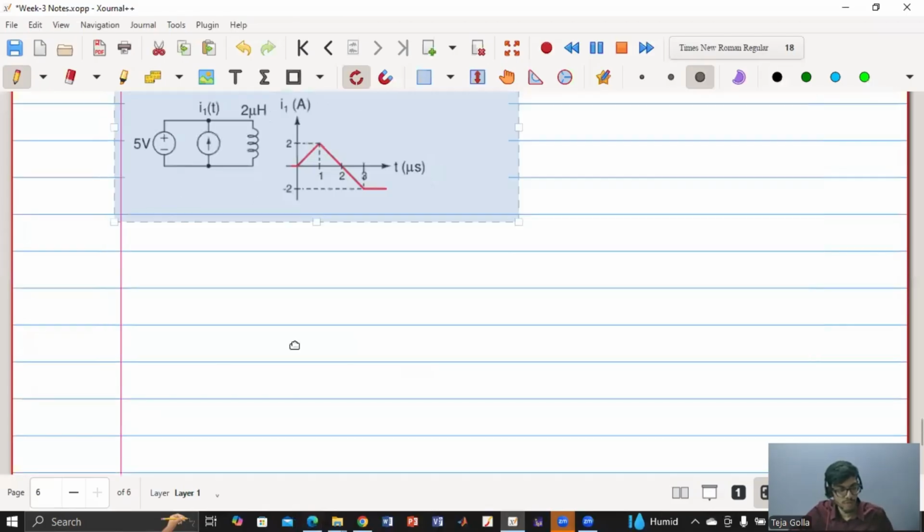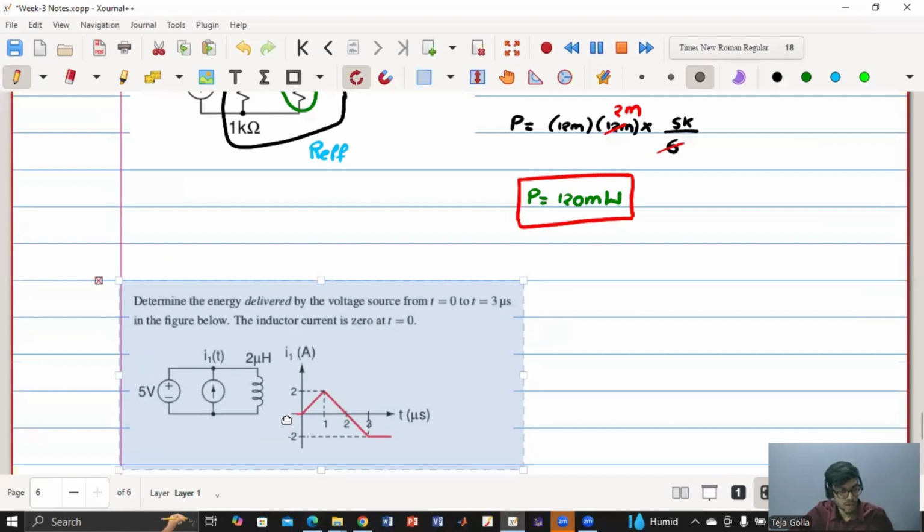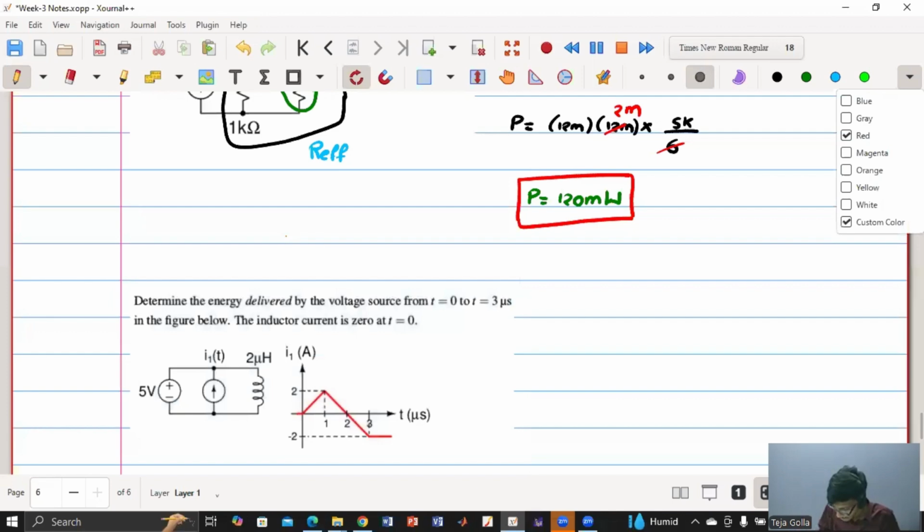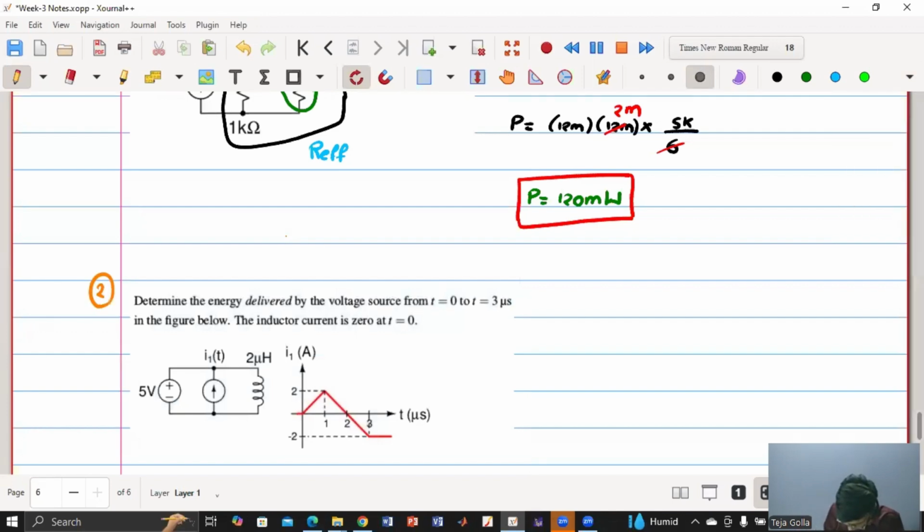So this is one very interesting question that we'll discuss today. This is our problem two. They have asked what is the energy delivered by this voltage source from t equals 0 to t equals 3 microsecond in the figure below. Every time we start with the definition: energy equals the integral of p of t dt.